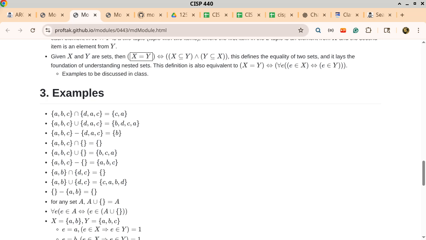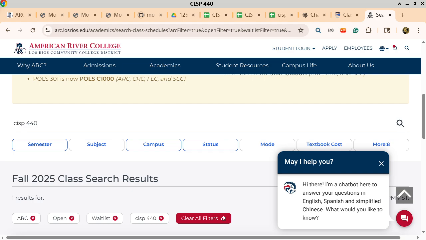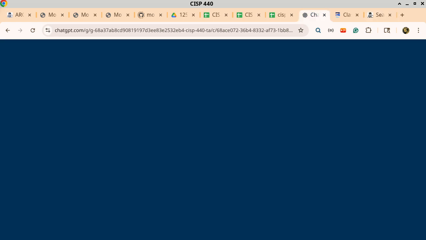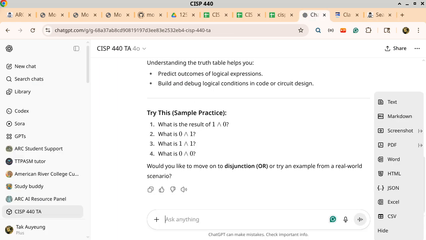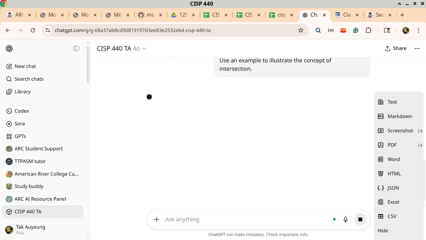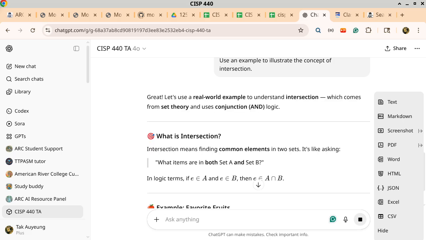This is also the one that I put the knowledge file of into ChatGPT. So if you ask ChatGPT to use an example to illustrate the concept of intersection, it actually knows how to do it because the notes are the basis of the custom GPT.